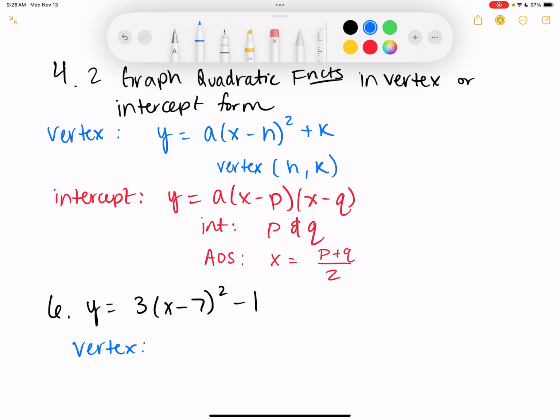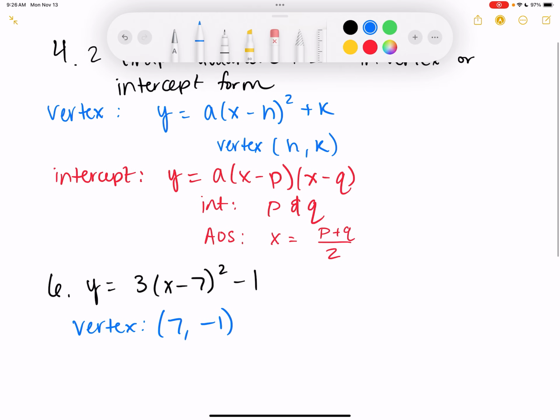So this is going to be at (7, negative 1). My axis of symmetry is at x is equal to 7. And we're still looking at if it's positive out front, to know if it opens up or down.